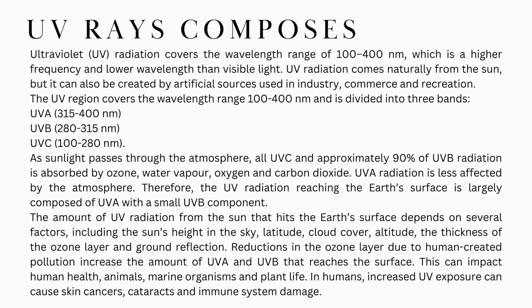Reductions in the ozone layer due to human-created pollution increase the amount of UVA and UVB that reaches the surface. These can impact human health, animals, marine organisms, and plant life. In humans, increased UV exposure can cause skin cancers, cataracts, and immune system damage.